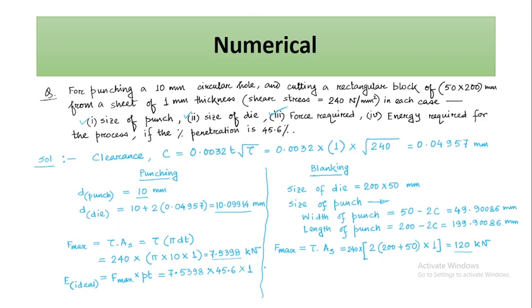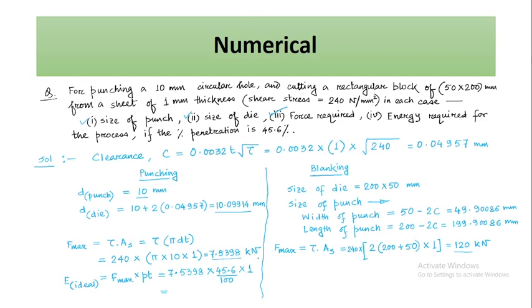Now 45.6 is given in percentage, so we will divide it by 100. So we will get the total energy required for the punching operation.